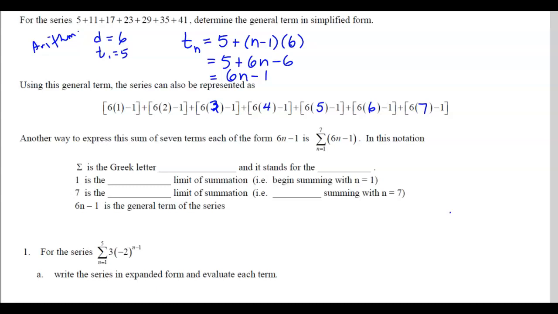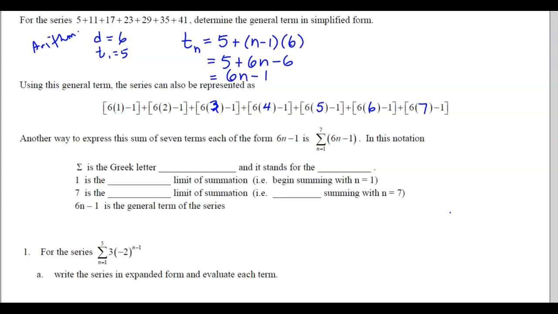That's capital S, sigma. Lowercase sigma is for standard deviation, when you learn that. Okay, and that's just understood to mean the sum of all the terms when you go from n equals 1 to n equals 7.